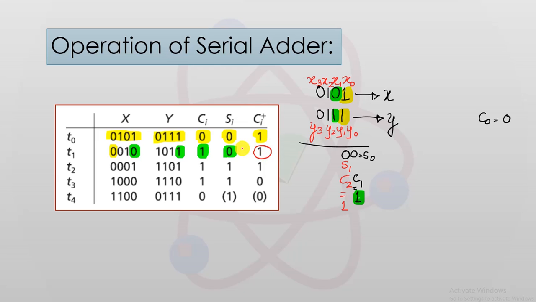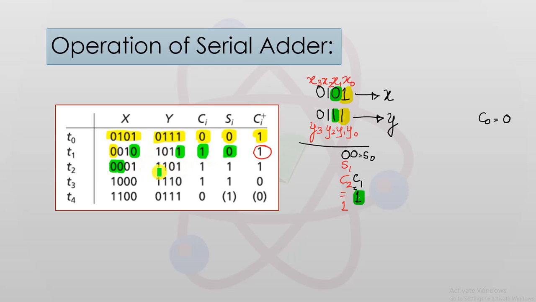Now next, at the time interval T2, this particular sum S1 will be shifted to the MSB position in the accumulator. So you can see we have the content S1 here, this is S0, and this will be X3 and this will be X2.